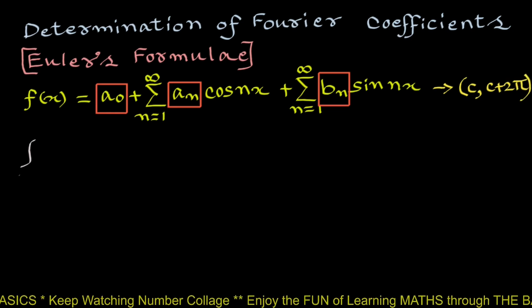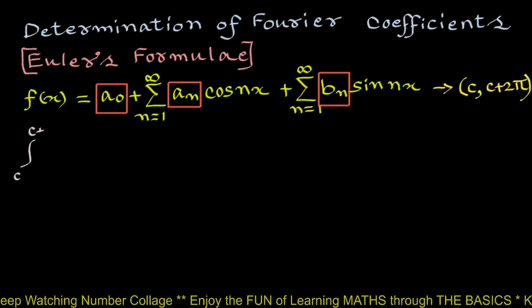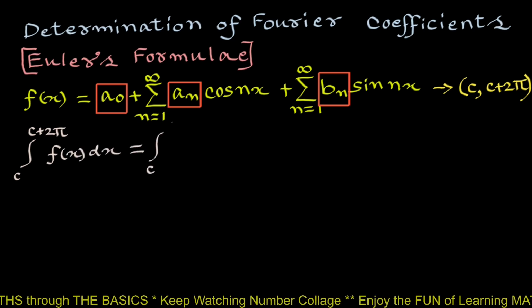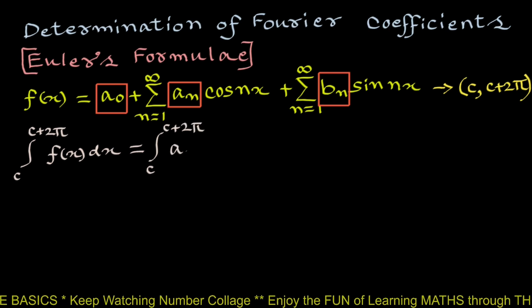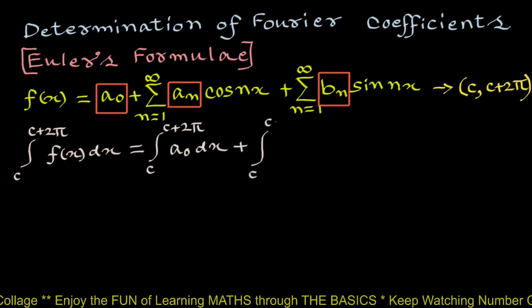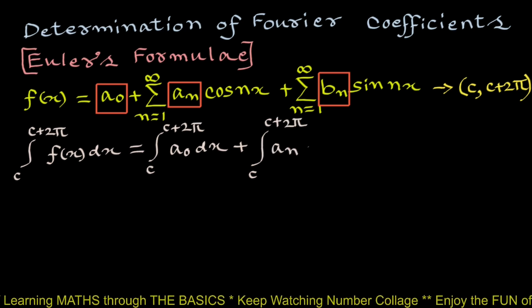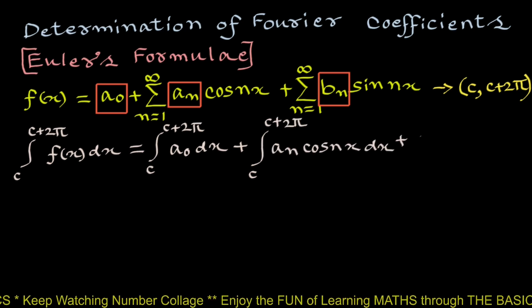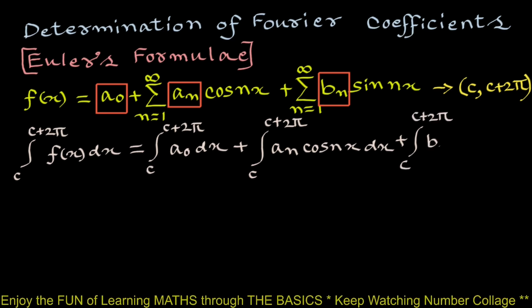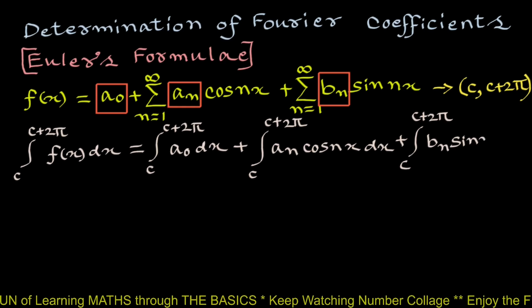So integral from c to c plus 2π f(x) dx equals integral from c to c plus 2π of a0 dx plus integral c to c plus 2π of an cos nx dx plus integral from c to c plus 2π bn sin nx dx.